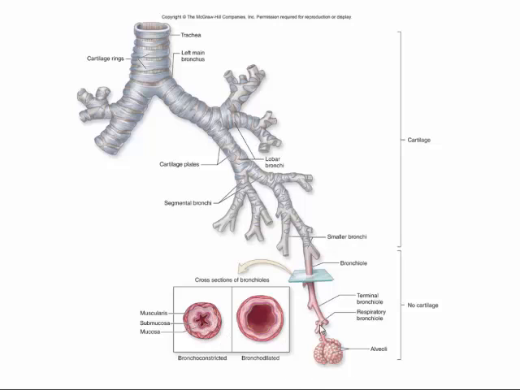The terminal bronchiole is the end of the conducting zone, and the respiratory bronchiole is the beginning of the respiratory zone, where gas exchange can occur between air and blood in the pulmonary capillaries. The greatest surface area within the respiratory zone is found in the alveoli.